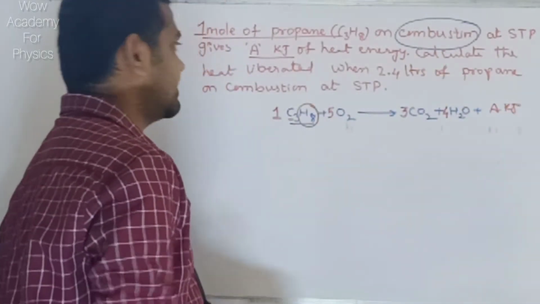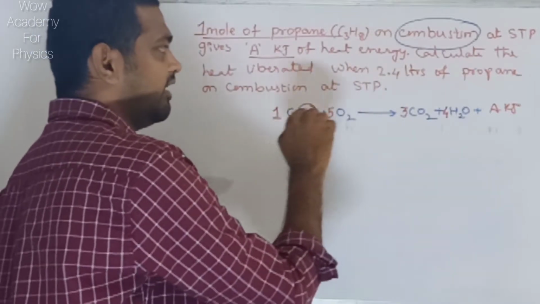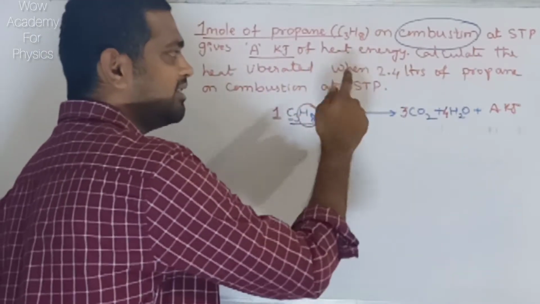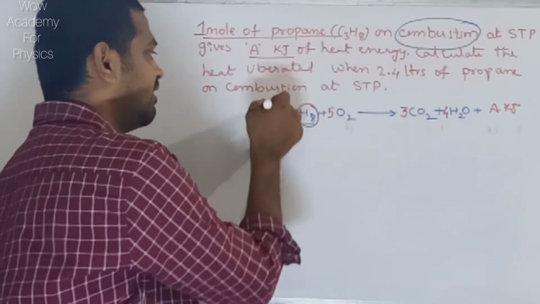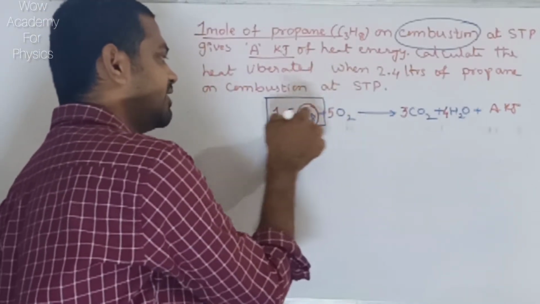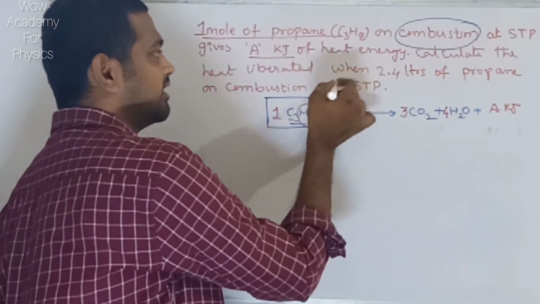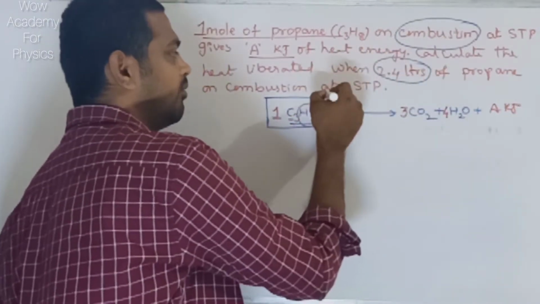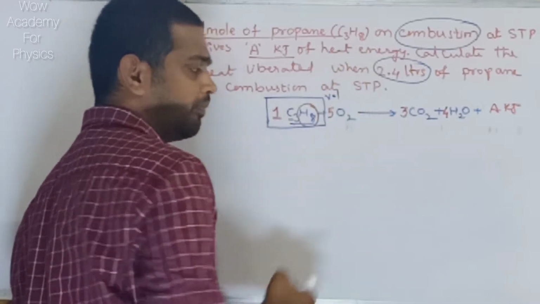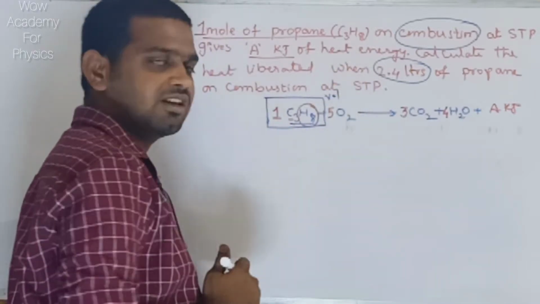Next, the data given in the question: calculate the heat energy liberated when 2.4 liters of propane undergoes combustion. The combustion of propane is given in terms of volume, so you should express the term in terms of volume.